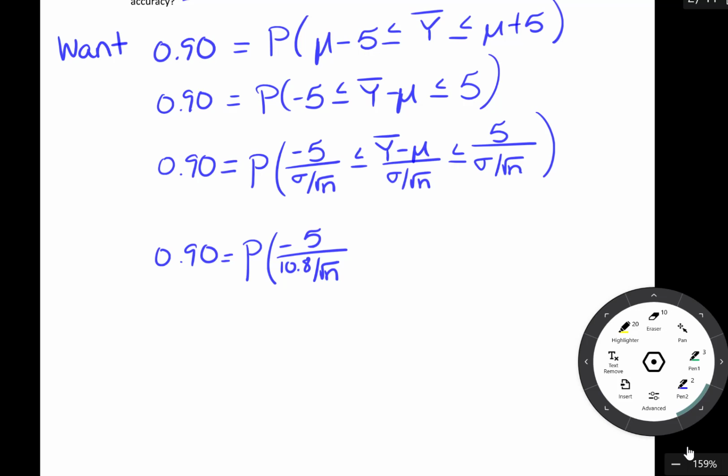Similar to what we saw before, to make this easier so I don't have a fraction in the denominator of a fraction, I'm going to write this way instead.